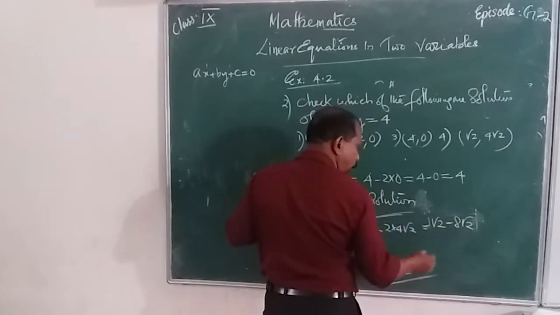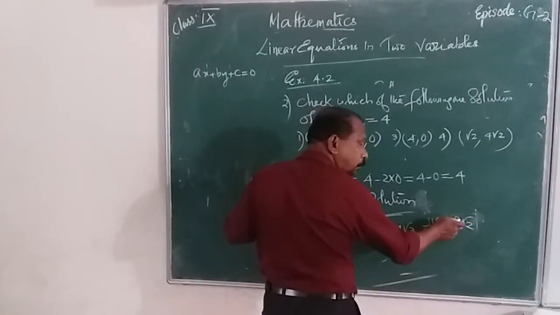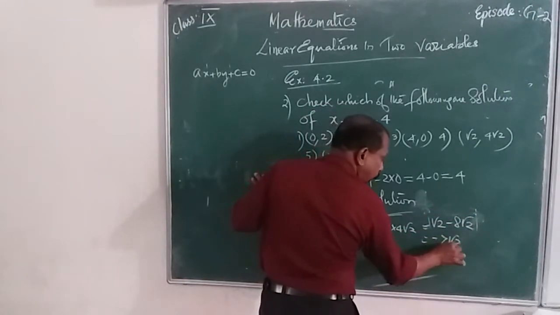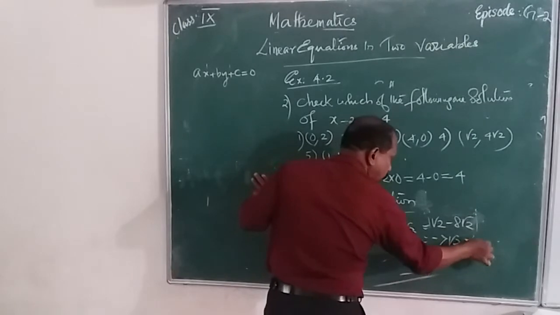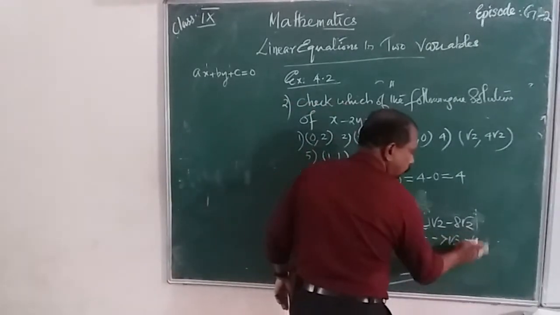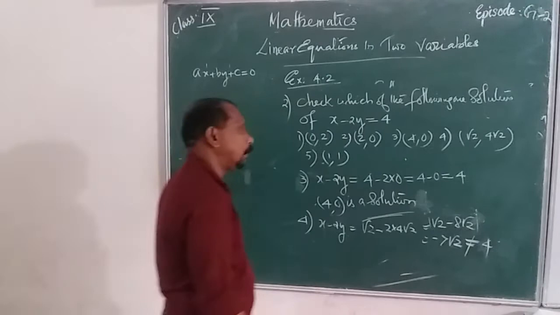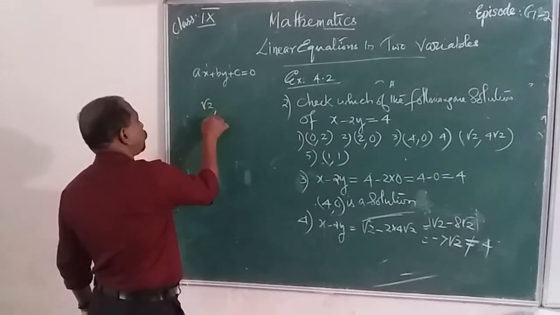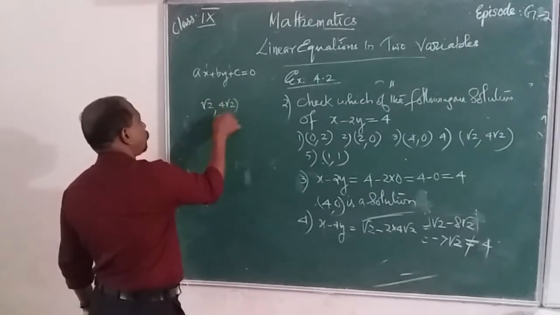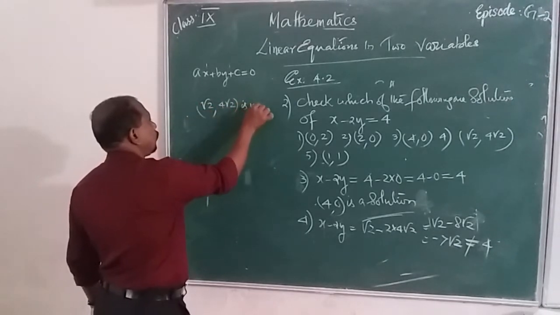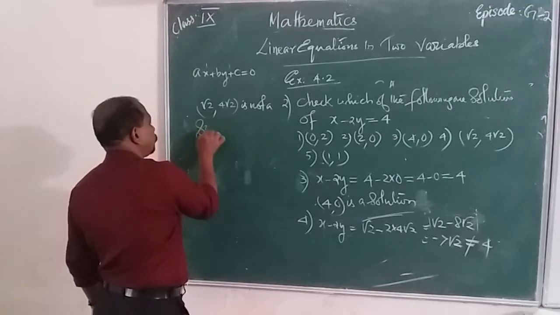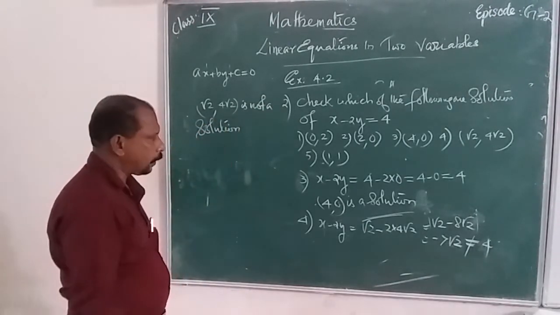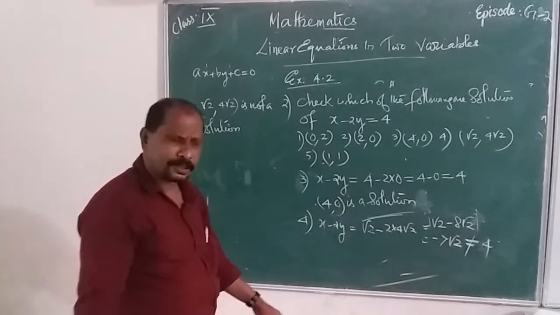Root 2 means 1 root 2, 1 root 2 minus 8 root 2 is minus 7 root 2. That is not equal to 4. Therefore, (root 2, 4 root 2) is not a solution.